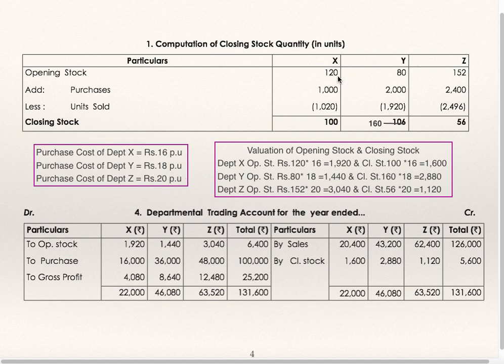Opening stock 120 units for department X plus purchases 1000 units minus number of units sold 1020, closing stock is 100.